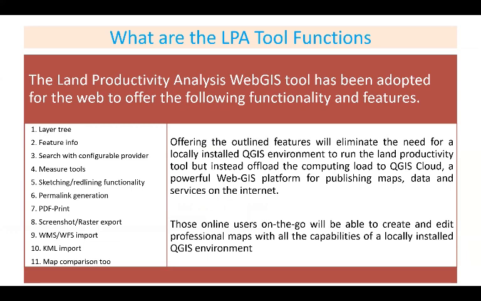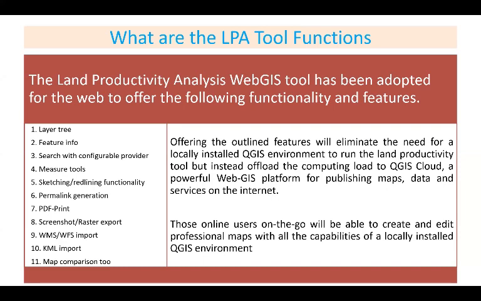In a web environment, for example, a user on the go may want to query features, rearrange the layer tree, do a search, do annotations on the map itself, measure distances, areas, perimeters, and so forth.